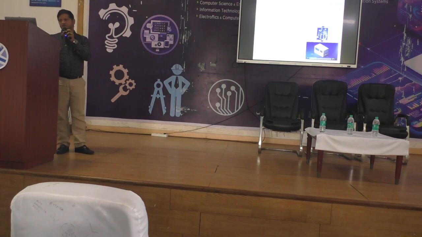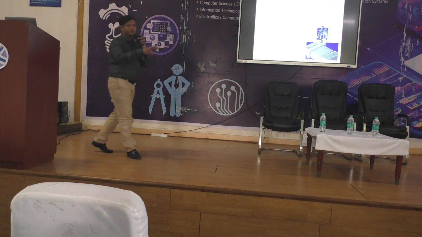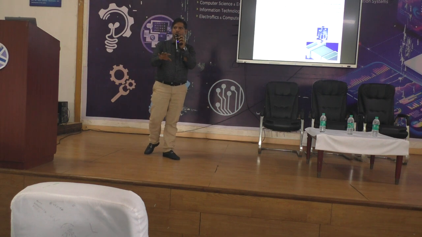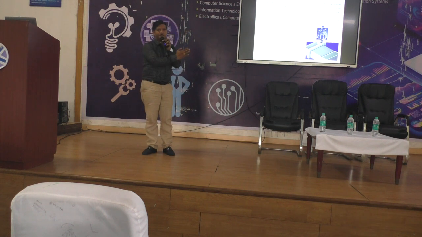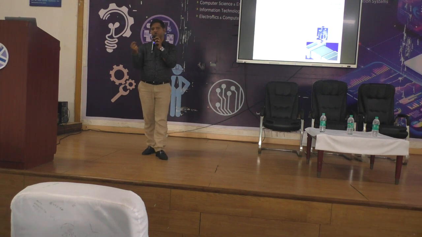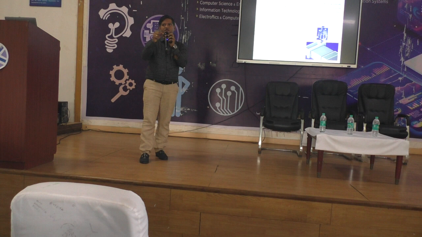the additive manufacturing machine. The animation you are seeing here is one of the AM variants called the powder bed fusion process, where we have a deposition bed, and over the deposition bed, we spread a thin layer of powder. And then, as per the given slice information, the laser selectively melts the spread powder.